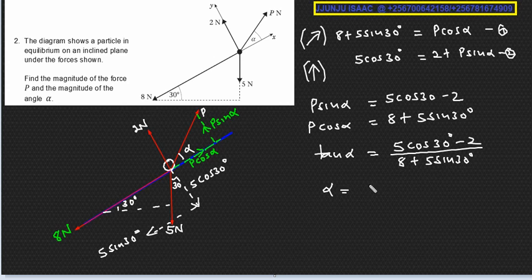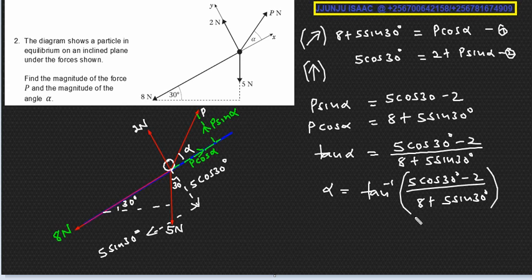So my alpha is going to be the tan inverse of that. When you press the calculator, alpha will give us 12.5 degrees to three significant figures. So that is alpha.